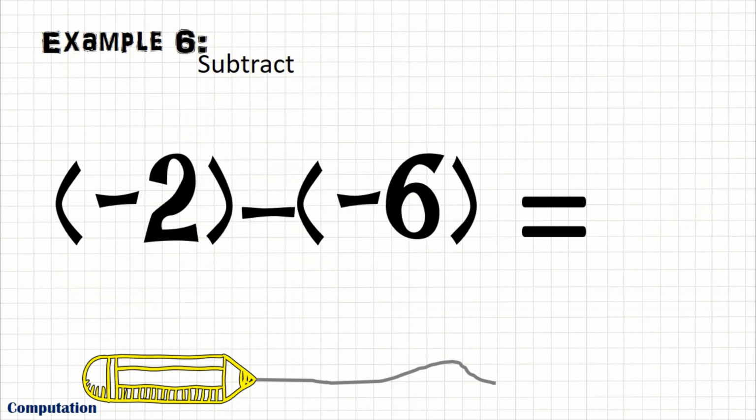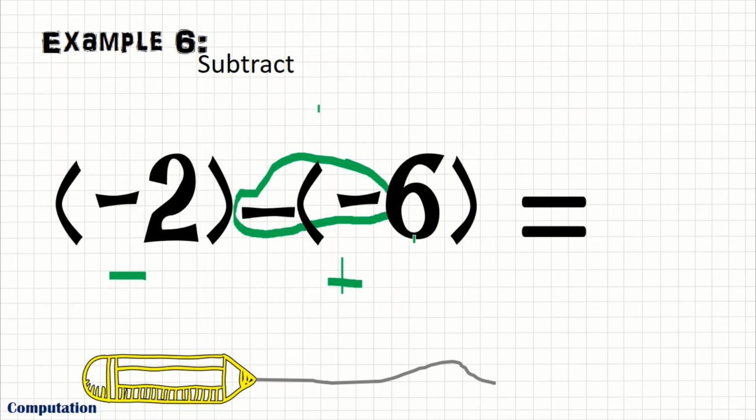Next, negative 2 minus negative 6. Ano ang sign ni 2? Negative. Ano ang sign ni 6? Again, meron ka uling nakita na magkatabi ang minus and negative. So, we will treat it as positive. Si 2 ay negative, si 6 now ay positive. So, we have different signs.